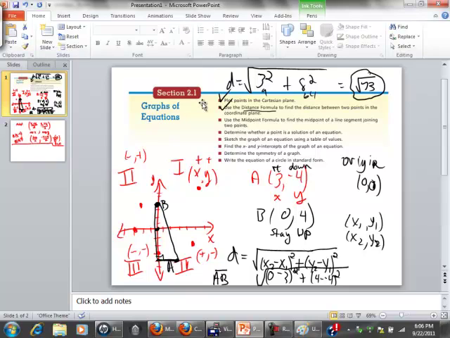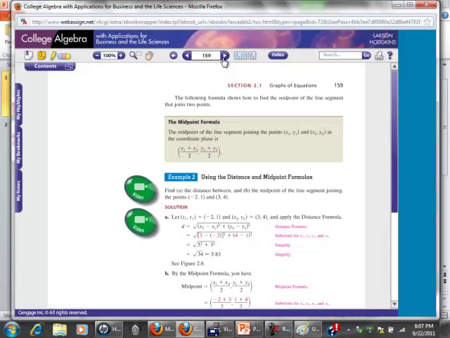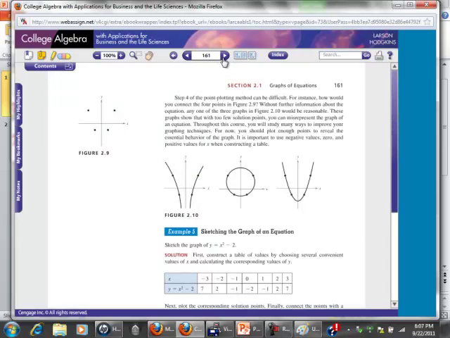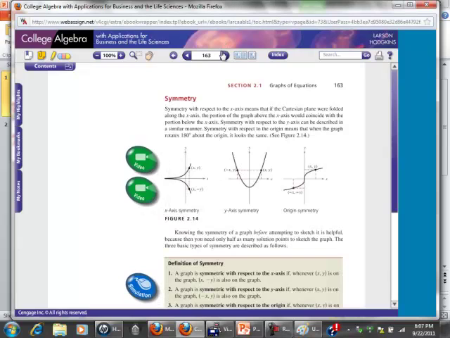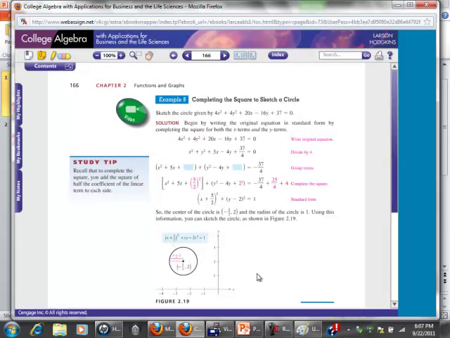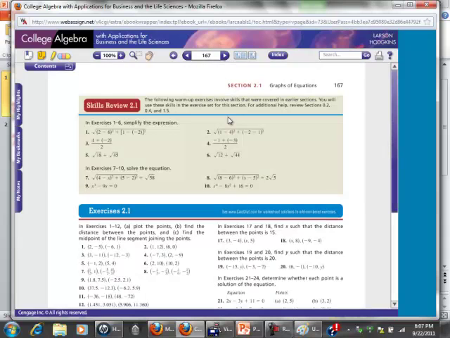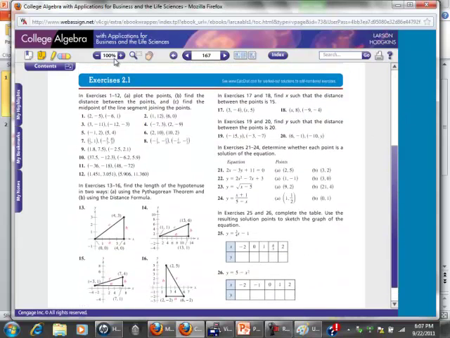So next up, we want to determine whether a point is a solution of an equation. Let me grab some examples from the text instead of me making up these quick examples. Let me grab one from the actual text. Where is that at? Let me grab some exercises. Okay, here we go. Determine whether a point is a solution of an equation.